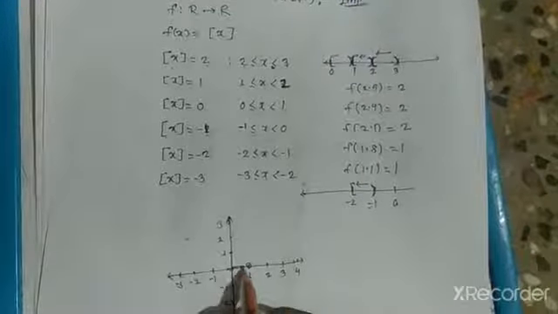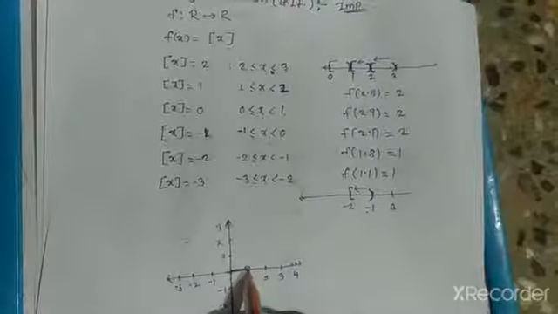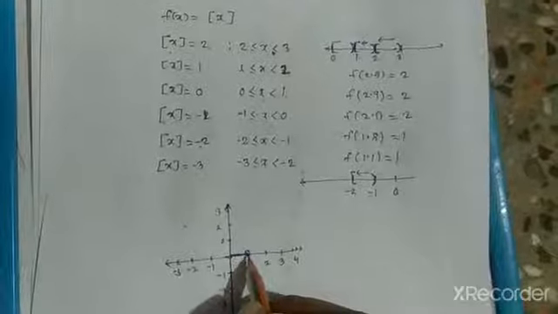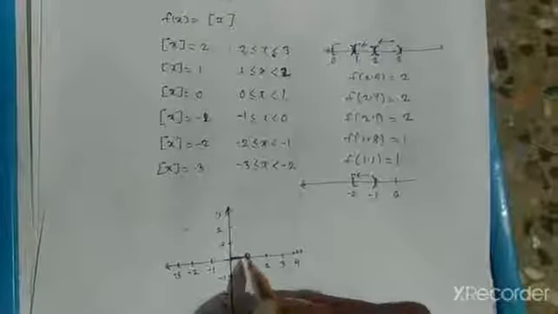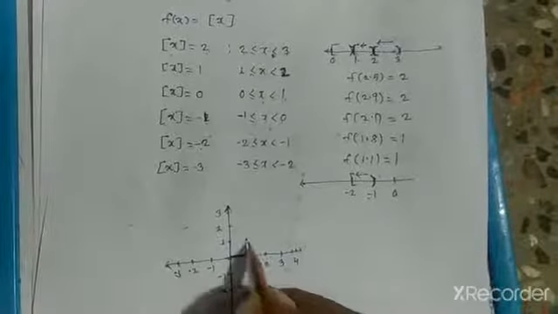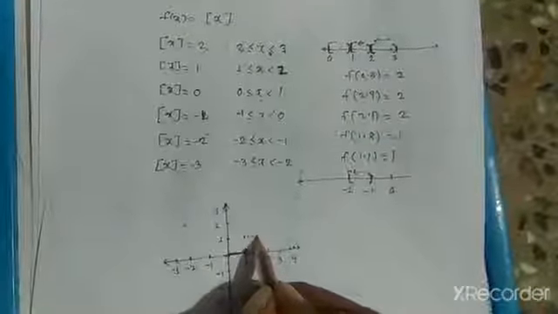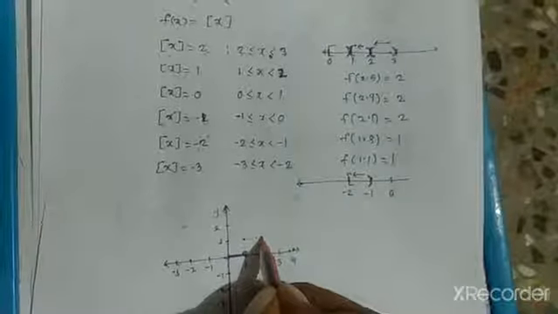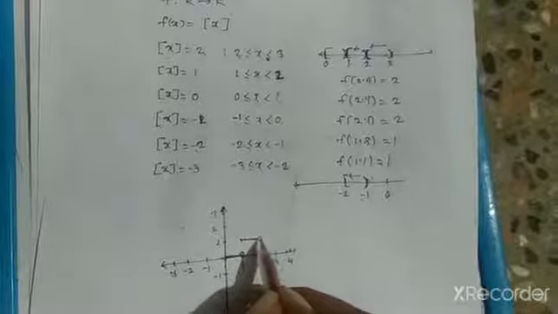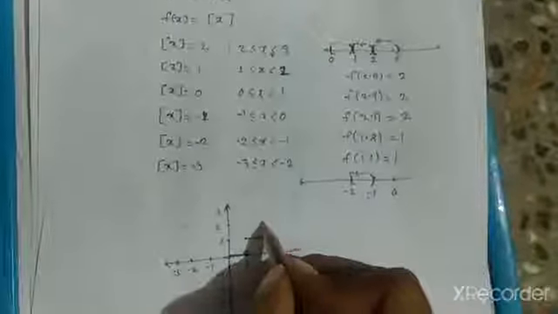So here we draw a line between 0 and 1. Here it is open at 1 because 1 does not belong to this line. For 1 it is 1. Next, for 1.2 it is 1, for 1.3 it is 1, for 1.5 it is 1, but for 2 it is not 1, so it is open here. So it will look like this. Now for 2 it is 2.